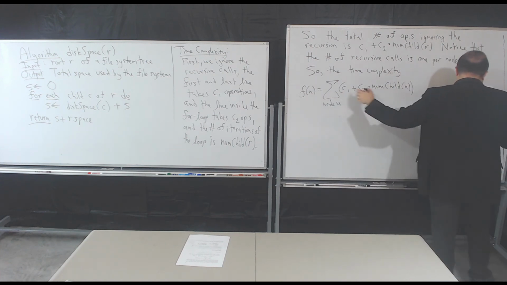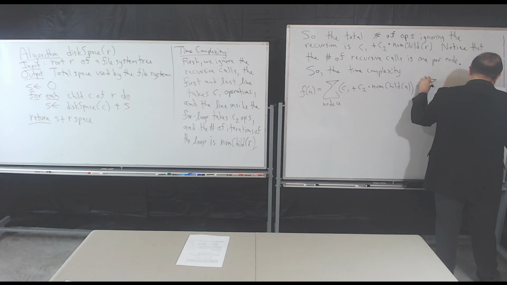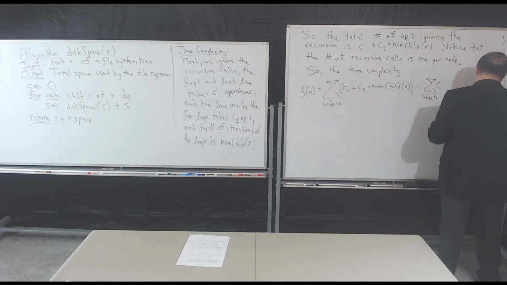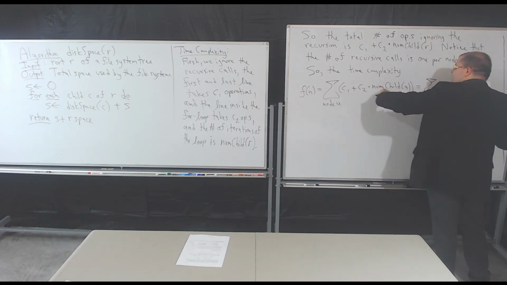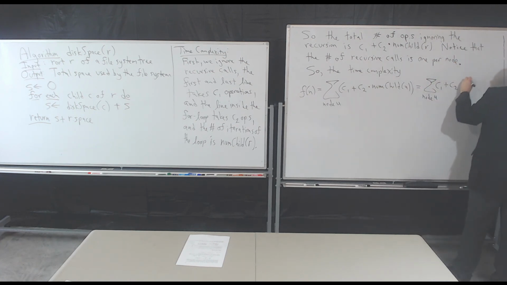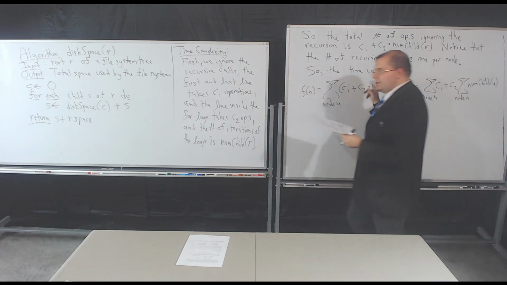Well, I can split this summation up. So I sum over all the nodes in the tree. So I have C1 plus, each one of these is multiplied by C2, so I'm just going to put that C2 in front of the summation, because it's just redundant to put it inside. For each one of the nodes here, numchild of u. Oh, we already know what this is, right? What is that?